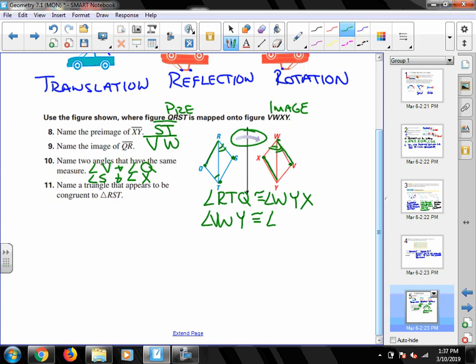Wrong again. Okay, V matches up with Q. Sorry, I just have to make sure I get things in the right order. Q, R, T. There we go. So those two angles match up.